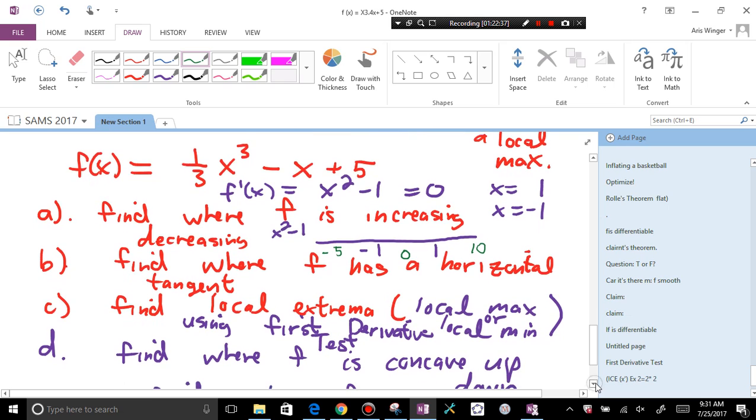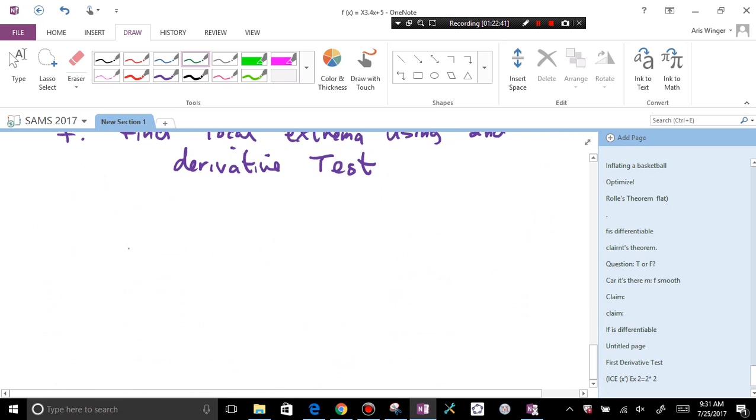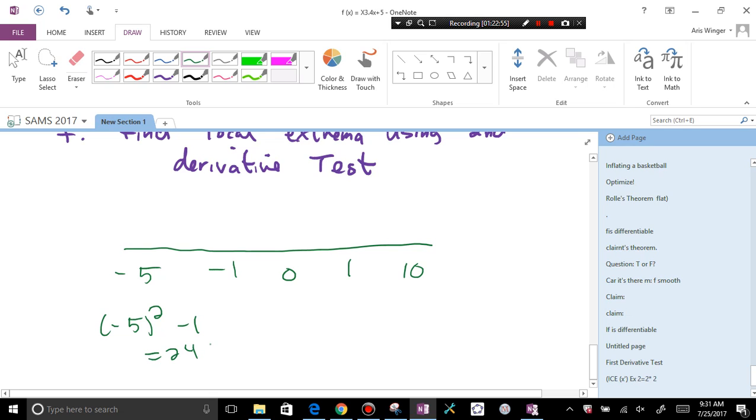When you plug in these numbers, we have -1, 1. I chose 10, 0, -5. -5 squared minus 1 is 24, which is positive, increasing. 0 squared minus 1 is -1, negative. 10 squared minus 1 is 99, positive.